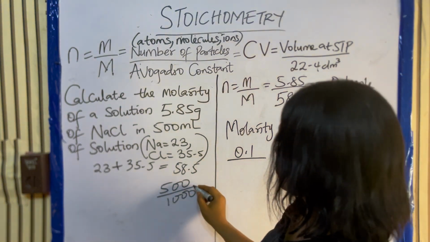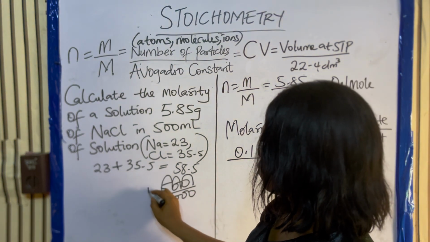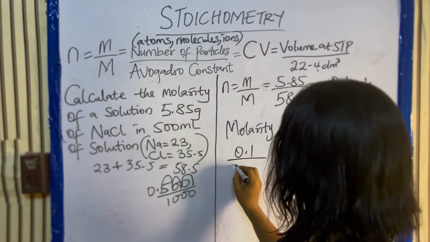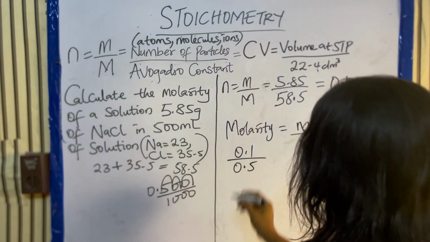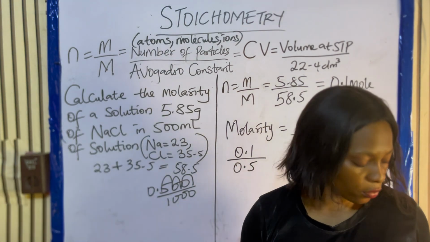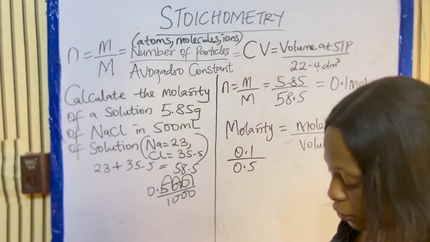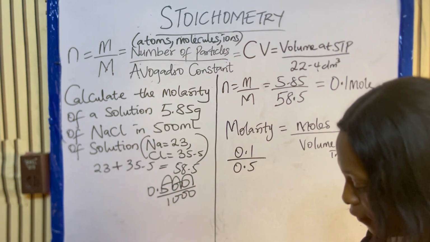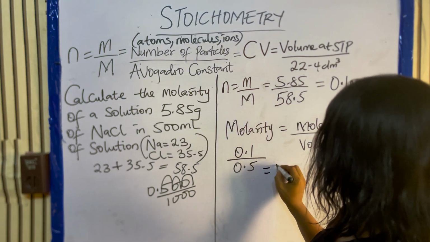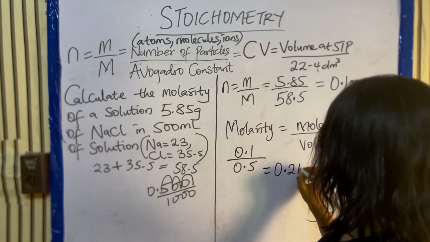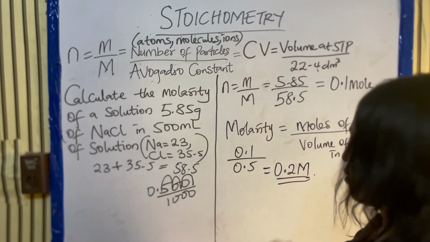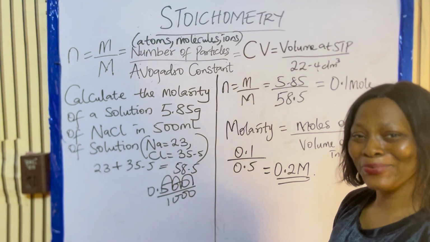So dividing by 1000, this will give us 0.5 liters. So 0.1 divided by 0.5. You have it to be what? 0.2 molarity. Answer. Isn't that simple?